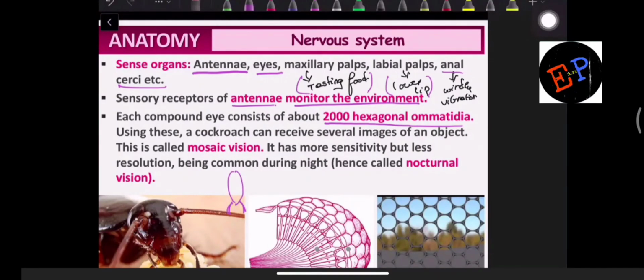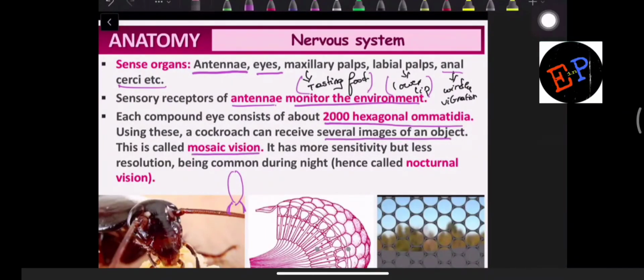Are you able to understand? So how many simple eyes will be present? 2000 eyes will be present. Already we have studied this, no? Okay, so using this a cockroach can receive several images of the object. This is called mosaic vision. Are you able to understand?